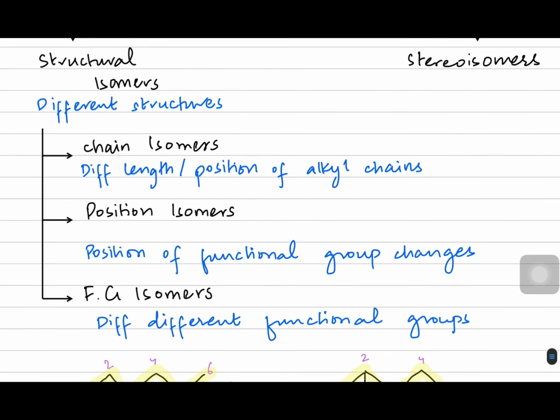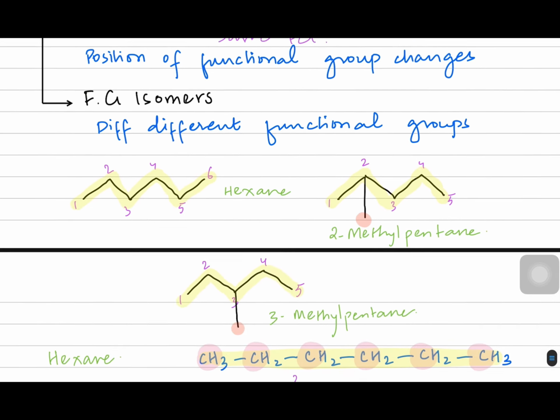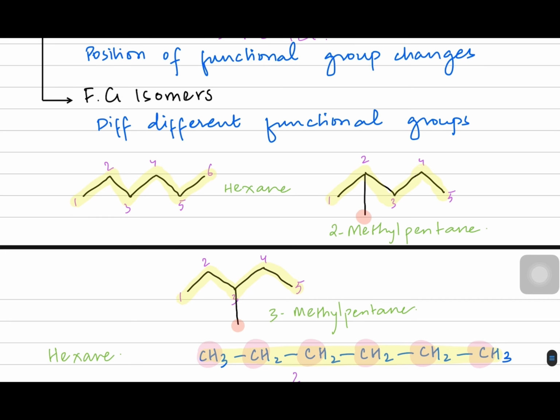Then we said in structural isomers, the chain ones have different methyl groups or other branches at various positions, and even their lengths are different. In position isomers, we have the same functional group but in different positions. In functional group isomers, even the functional groups are different.